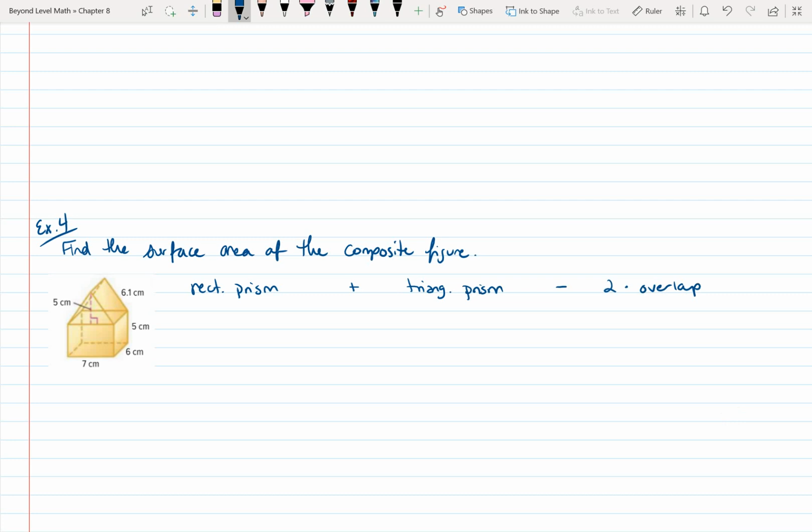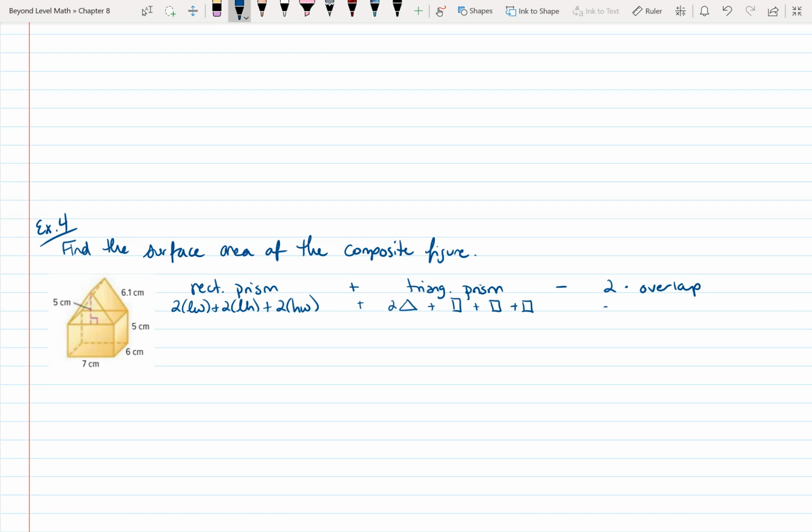Alright, so rectangular prism, surface area, we've got 2 times length times width, 2 times length times height, plus 2 times height times width. For the triangular prism, this is the one where it's not a perfect formula, right? We've got 2 triangles plus 3 sides.